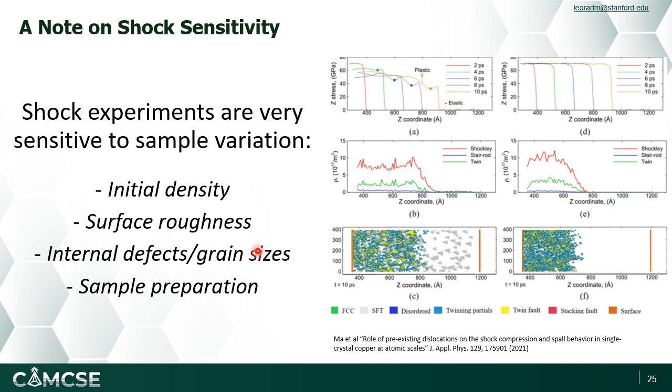And finally, as we're putting all of these together, we need to think very carefully about ways that we can perfect our sample preparation schemes to make sure that we have samples that are as meaningful as possible for what we are trying to measure from the material.